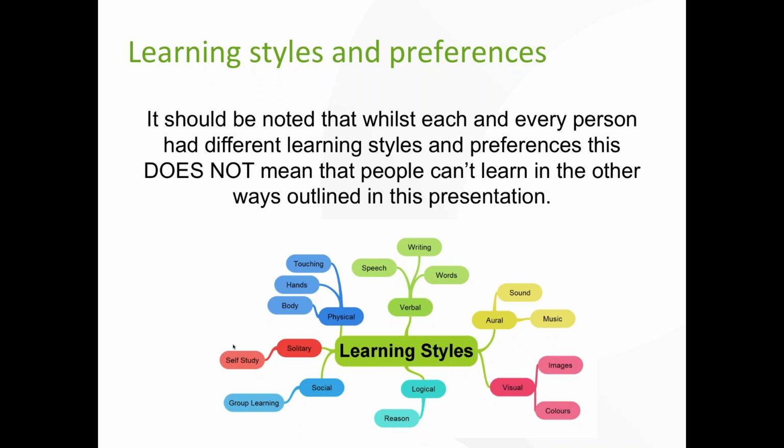So whilst everyone does have a preference, it doesn't mean that you necessarily have to align to that preference every single time. Everyone does learn different ways, and we're very adaptive as humans in that we can learn in different ways at different times in different contexts, which I think is really cool.